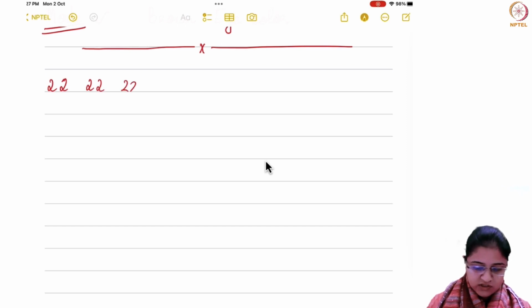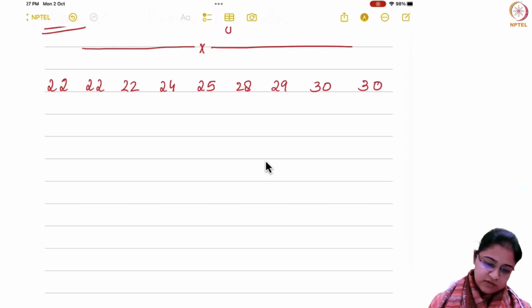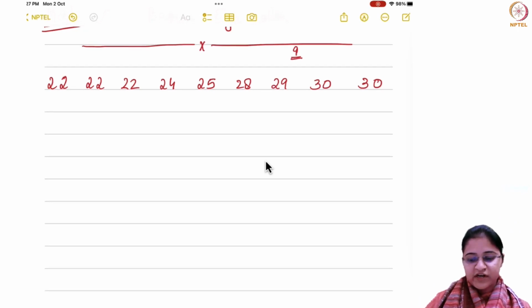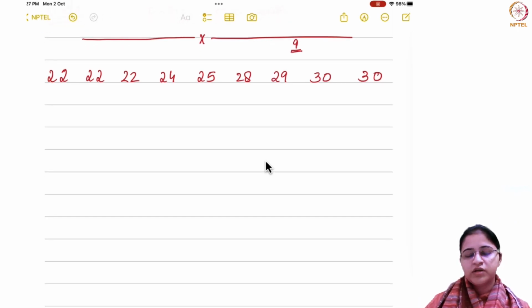Suppose 3 students have this, and then you have 24, 25, 28, 29, 30 and 30. Okay. So you can see that you have 9 students. Data on attendance is given.